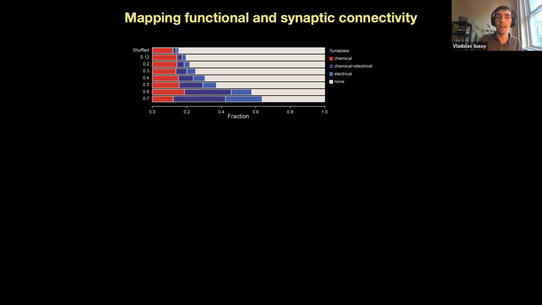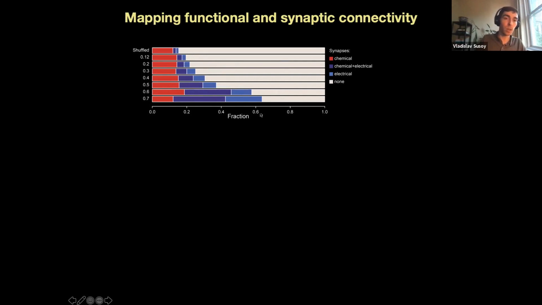And to test this, the first analysis that we did was taking neurons which are correlated and seeing what fraction of them are connected by synapses. And if we do so, we can see that most neurons which are moderately positively correlated don't have synaptic connections, neither chemical nor electrical.